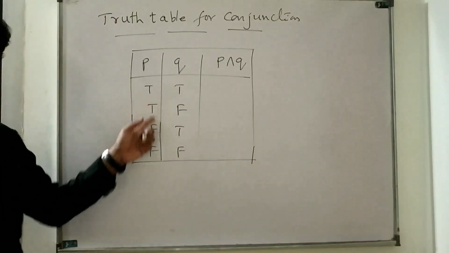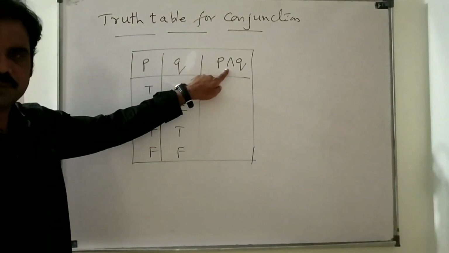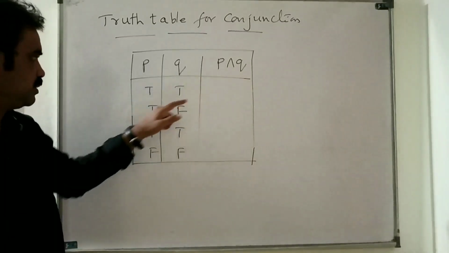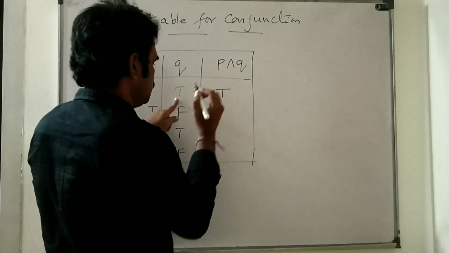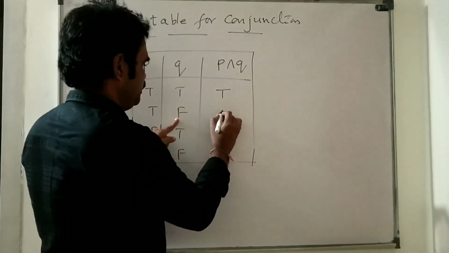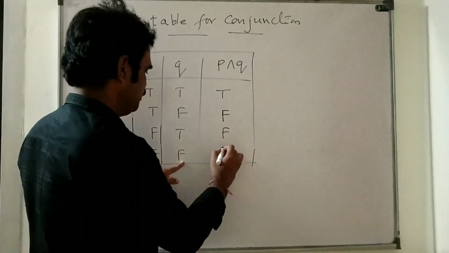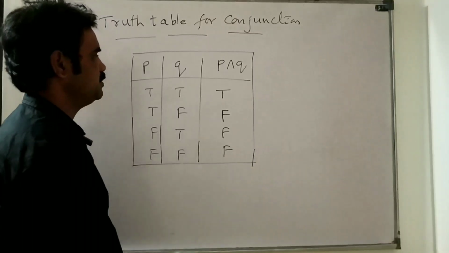These are the possible truth values of P and Q. And you know that conjunction is true only when both the statements are true. In all other cases that is false. TT, that means both are true, then the conjunction is true. TF, F. FT, F. FF, F. This is the truth table for conjunction.